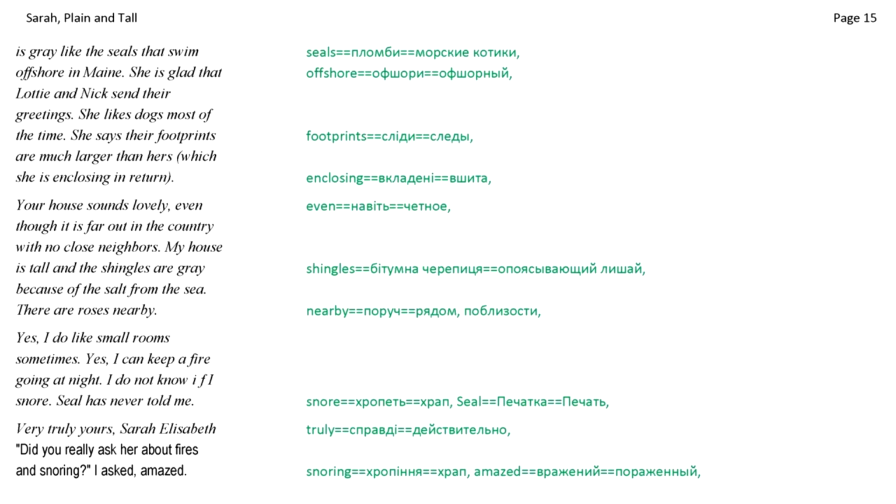My house is tall, and the shingles are gray because of the salt from the sea. There are roses nearby. Yes, I do like small rooms sometimes. Yes, I can keep a fire going at night. No, I do not know if I snore. Seal has never told me. Very truly yours, Sara Elizabeth.